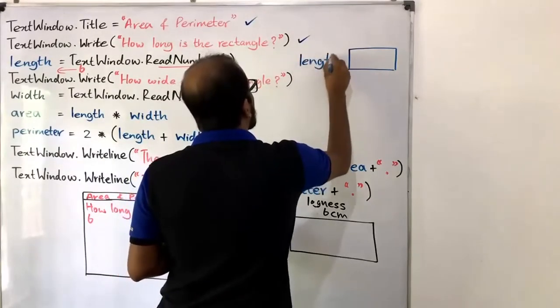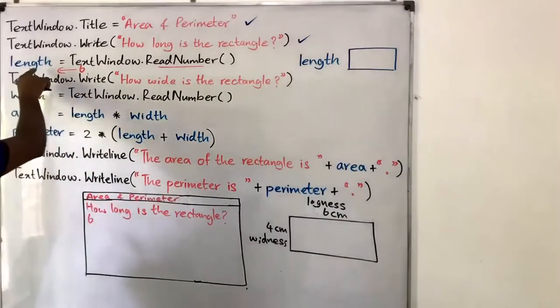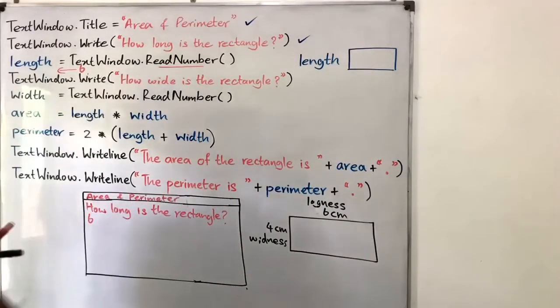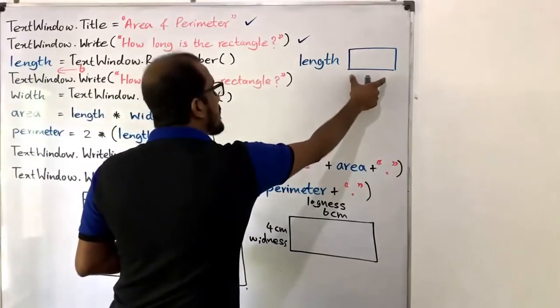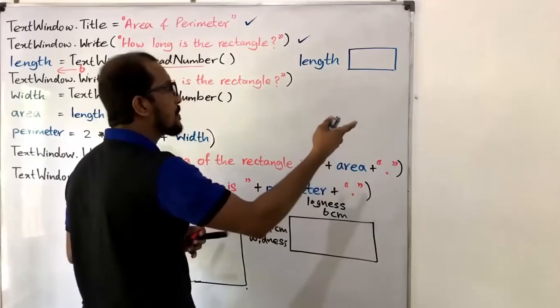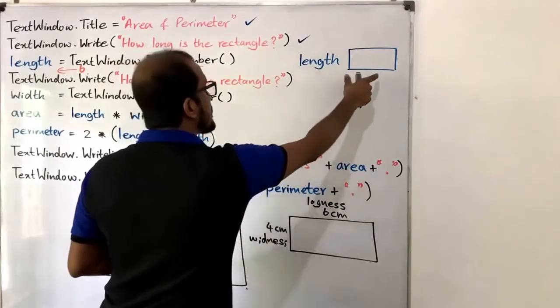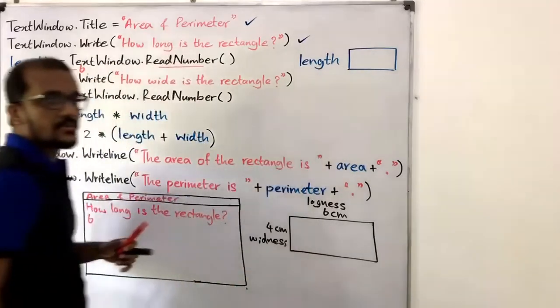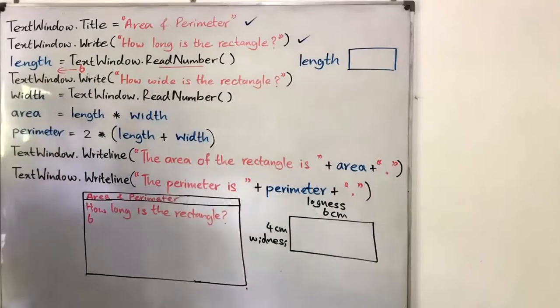That's what happens. Why length? Because the variable name is length.